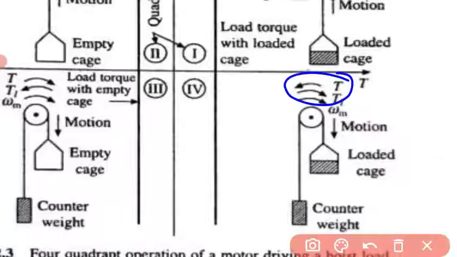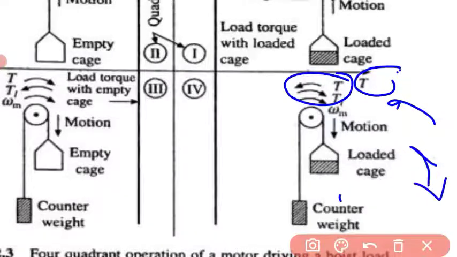The torque is positive because it is in the anti-clockwise direction, and the speed is in the clockwise direction, which is negative. So the product of speed and torque becomes negative. Hence it is called the fourth quadrant operation.